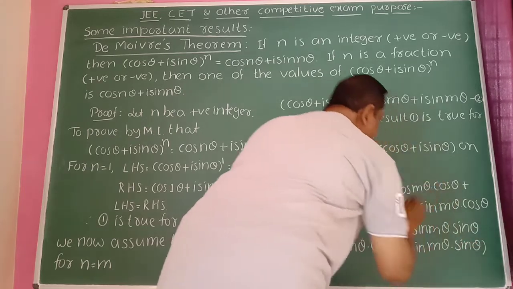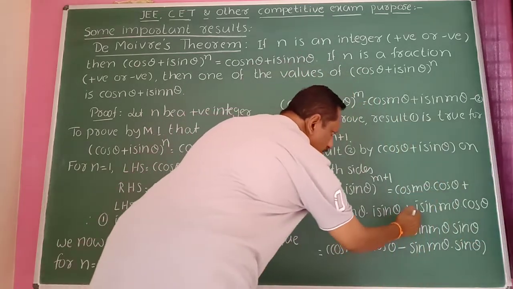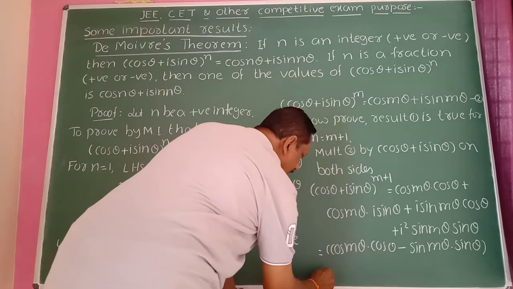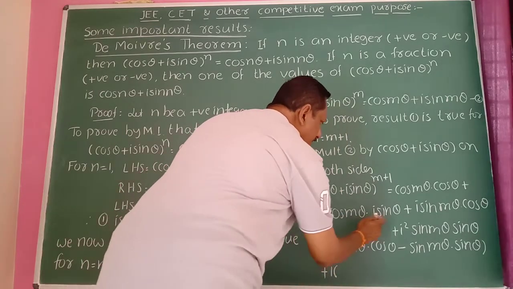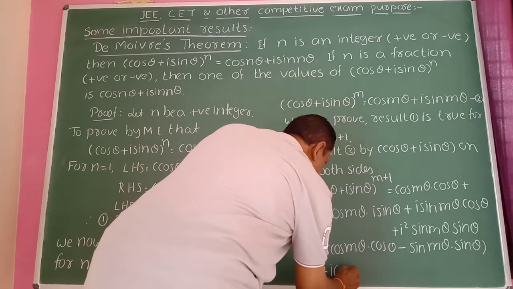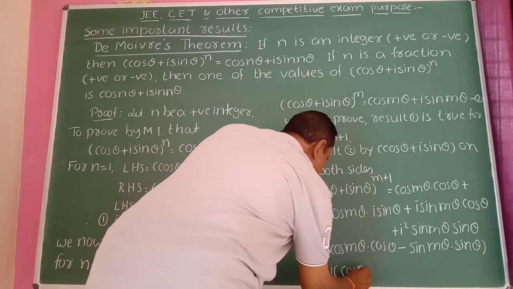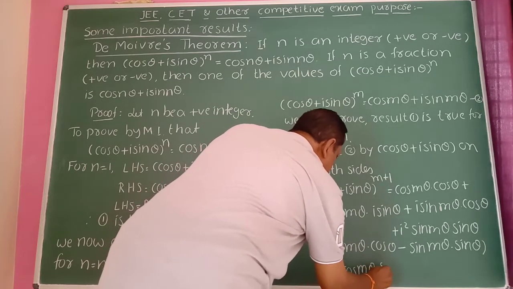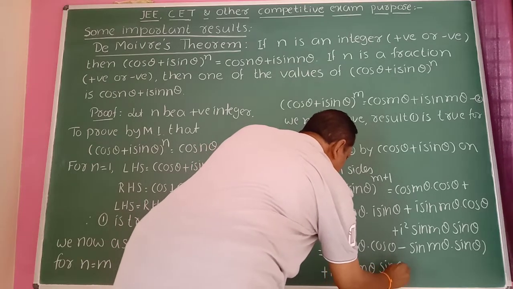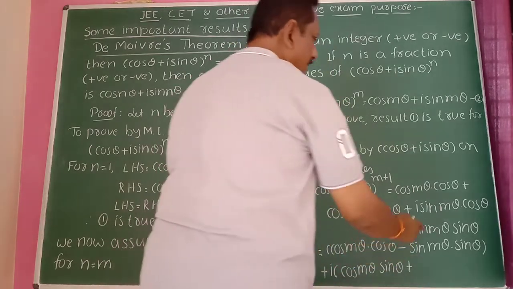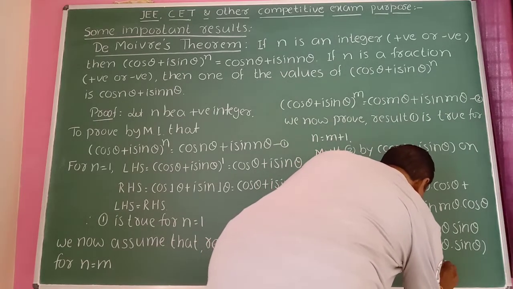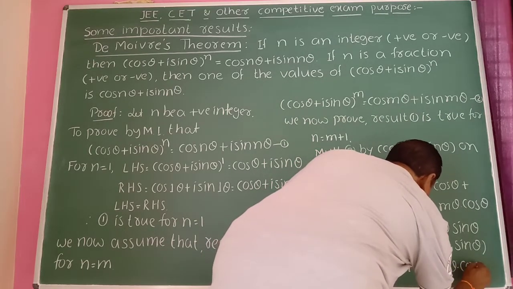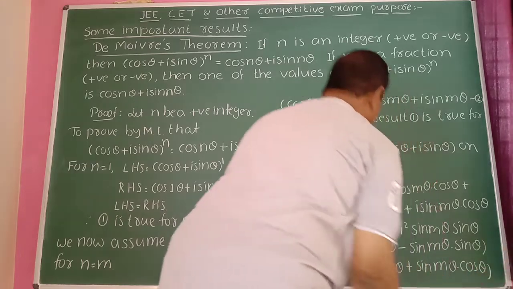Bracket completed. From these two terms, i is the common factor. Then cos of m theta into sin of theta plus sin of m theta into cos of theta.